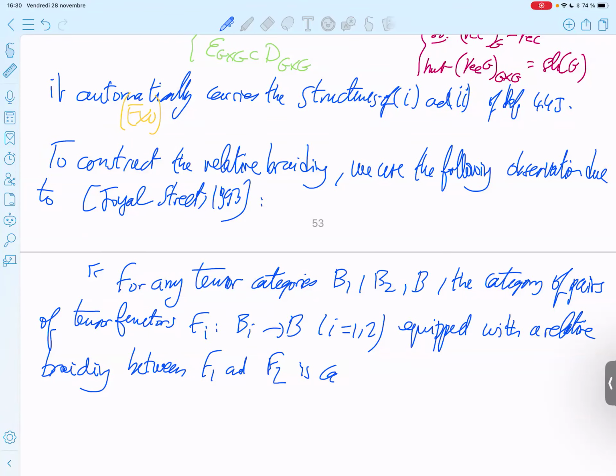So you can reformulate, in fact, this relative braiding as a property. You can characterize that with the Deligne tensor product.